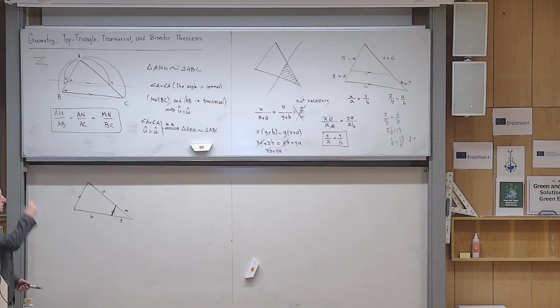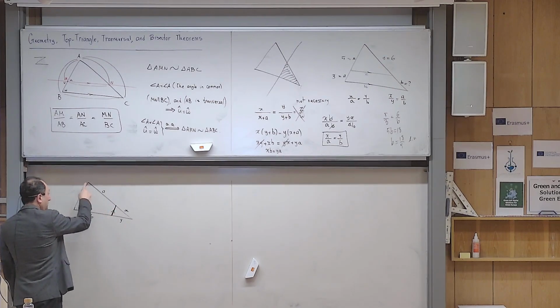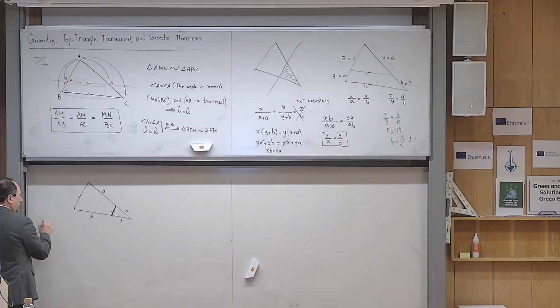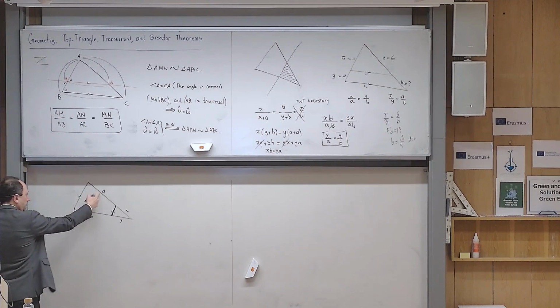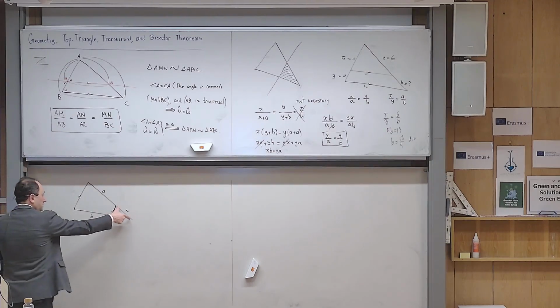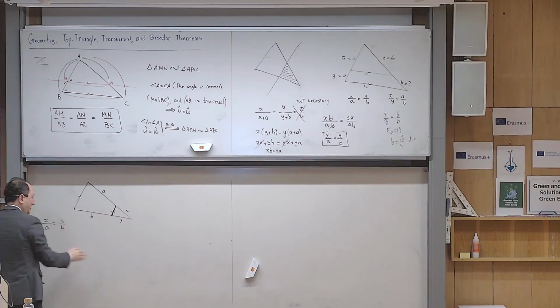I want you to understand this is not necessarily a top triangle. As soon as you see one line parallel to the other line, what can you write if you want? X over a is equal to y over b, end of the story. So if you decide to write this part to this part equals this part to that part, that is the end. You cannot continue further.